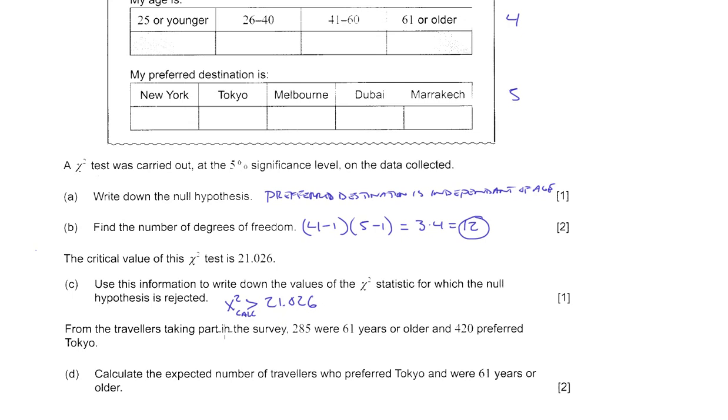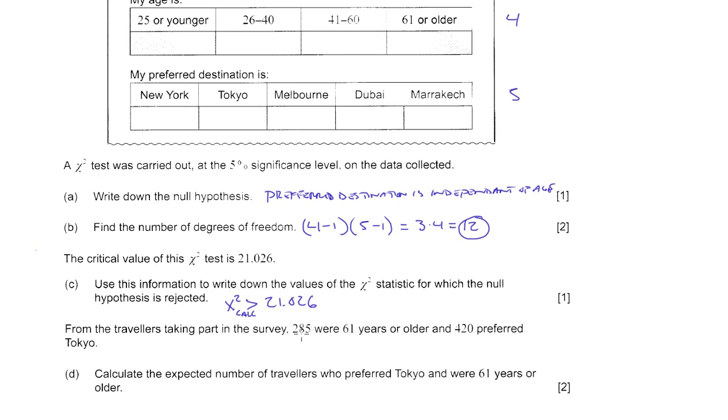From the travelers taking part in the survey, 285 were 61 years or older and 420 preferred Tokyo. Calculate the expected number of travelers who preferred Tokyo and were 61 years or older.